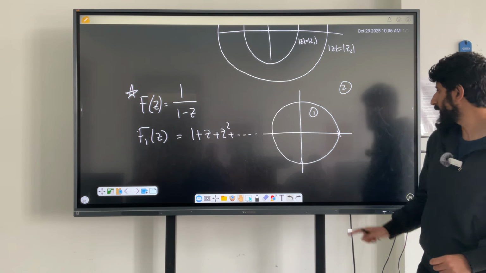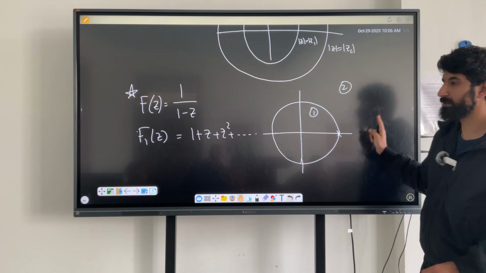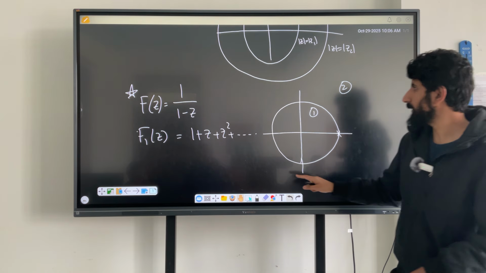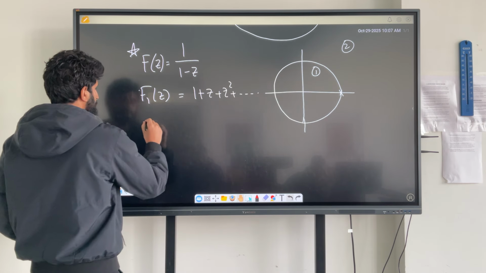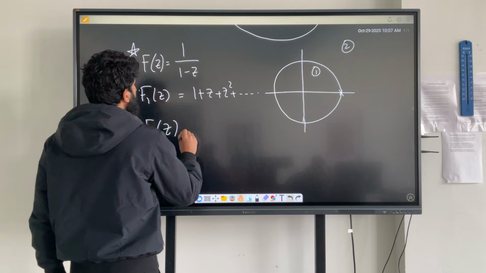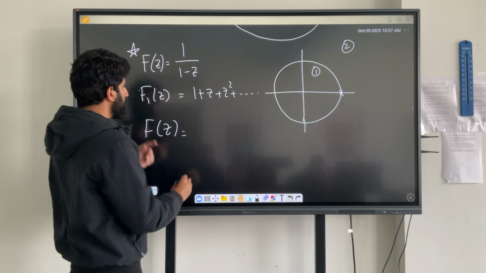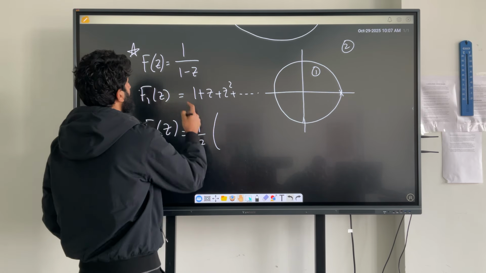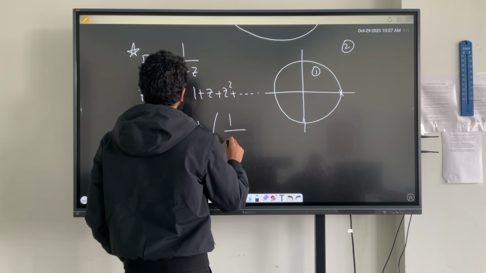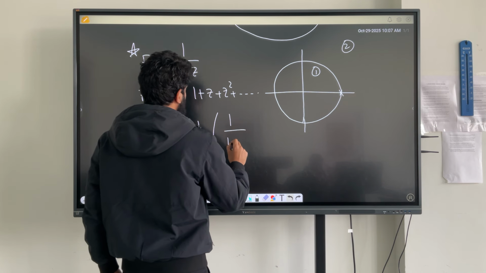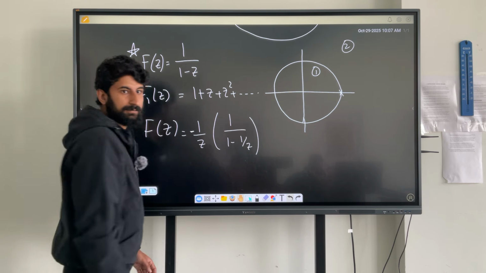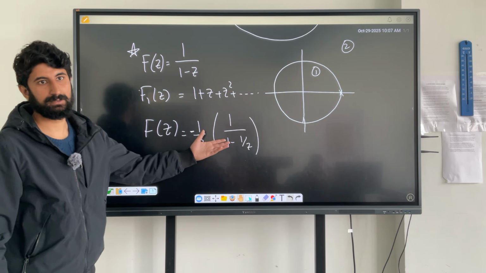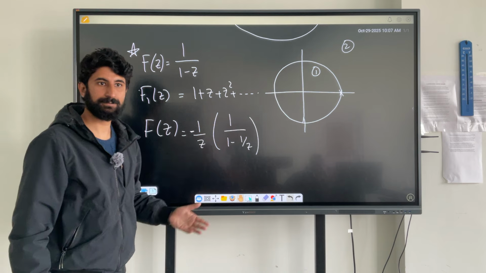Okay, let's do the series in region 2. In region 2, what I do is I take mod z common here. So 1 by z, let me take minus 1 by z common here: 1 divided by, what should I get? 1 minus 1 by z. Is this fine? It's the same thing.